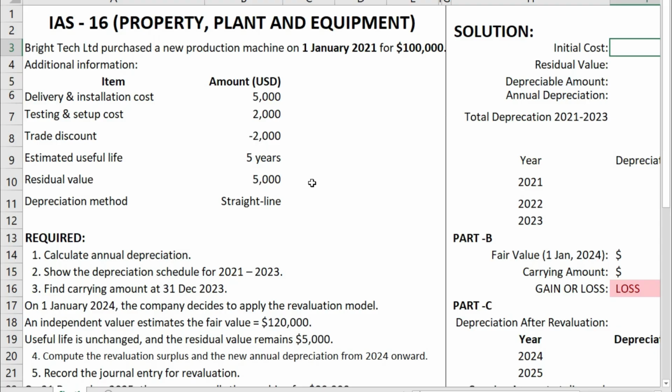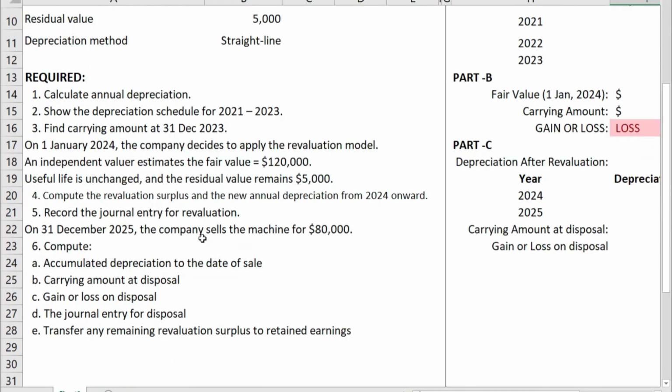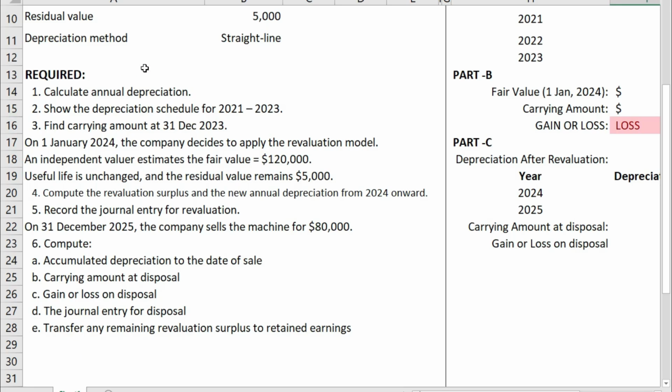The depreciation method is straight line. So we are required to calculate annual depreciation, show the depreciation schedule for 2021 to 2023, and find the carrying amount at 31st of December 2023.